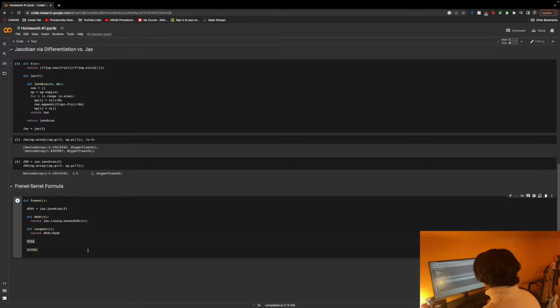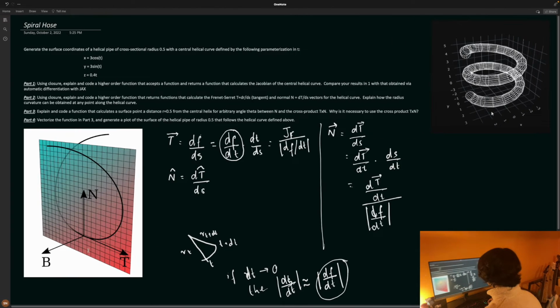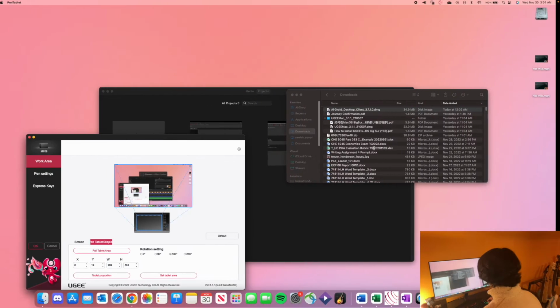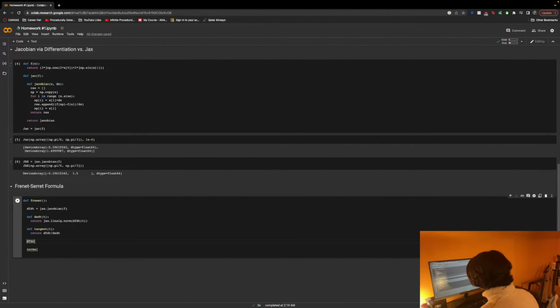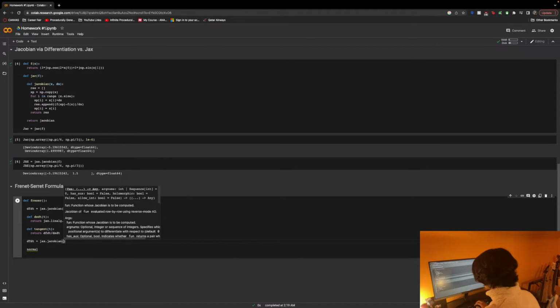After that, I want to calculate what dT/ds is going to be, which is basically our normal. Actually, instead of dT/ds, it should be dT/dt actually. So this is also just going to be the Jacobian of our tangent function.